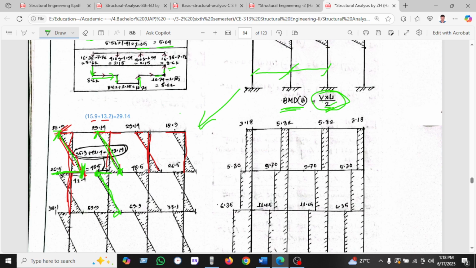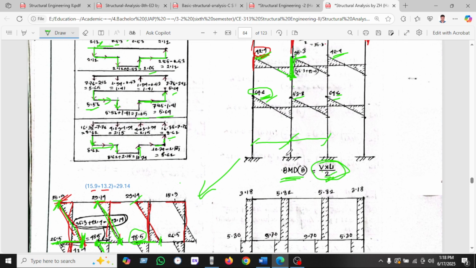So I am saying again, as the same interior column, this is the 29.4. It will be 29.4. So how will we get the 48.5? We know the total load.